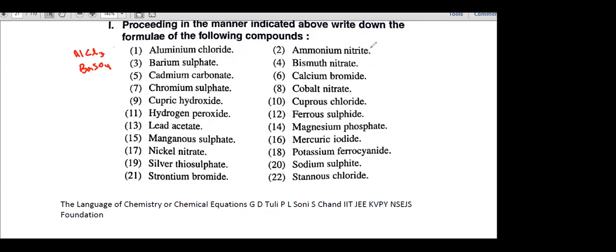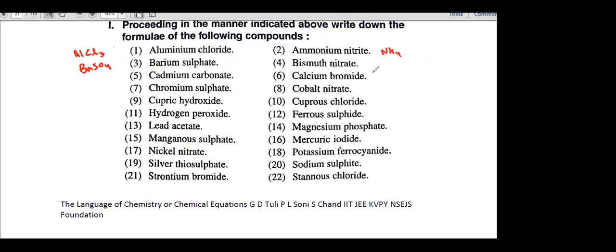Then Nabil, ammonium nitrite. Start with ammonium. What is the formula of ammonium? NH4.